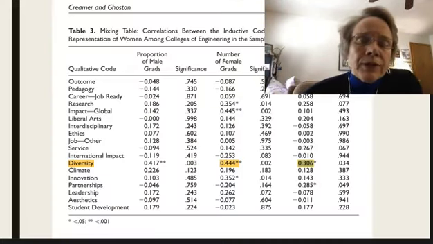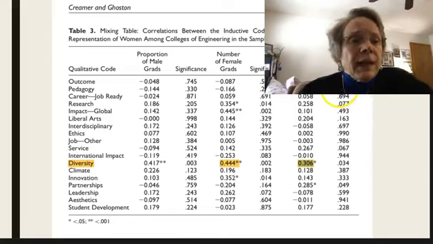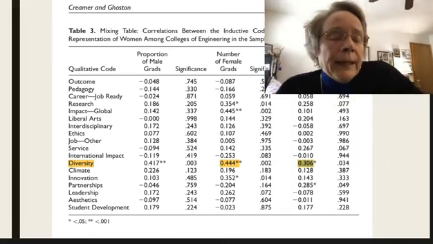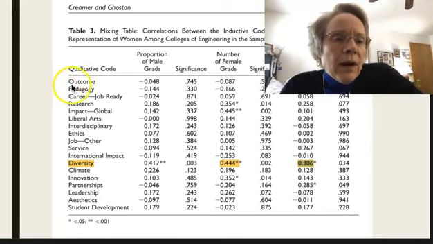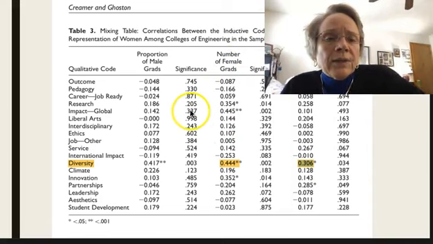So the punchline in our study, and where the mixing occurred, lies in this table, which I label explicitly as a mixing table, where we took the inductively derived codes here and we tested their relationship to the proportion of male grads and the number and proportion of female grads.